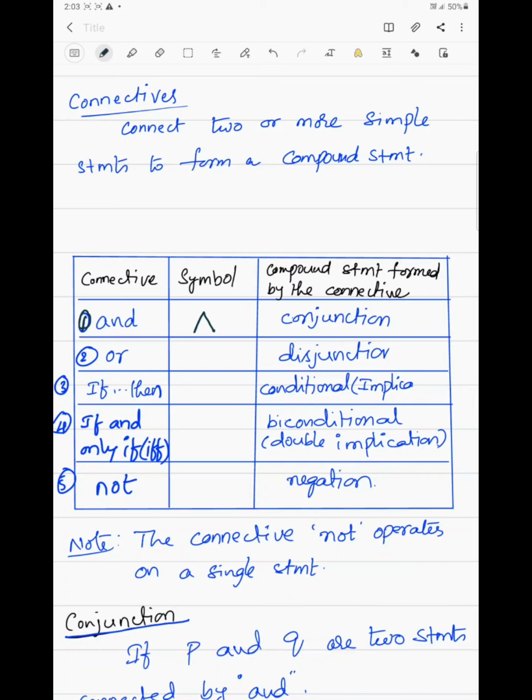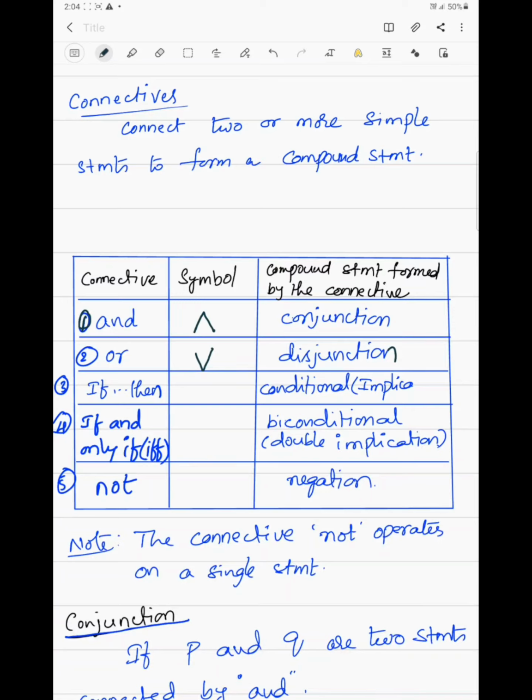The second connective is or. The symbolic form for or is V, and the pattern is called disjunction. Third one is if and then. That means two statements are connected by the words if and then.